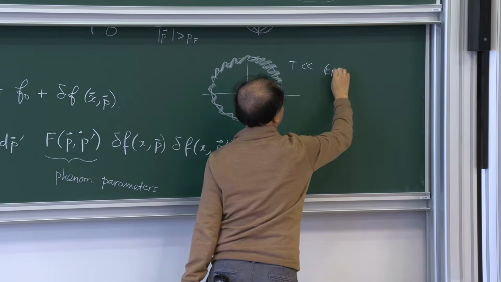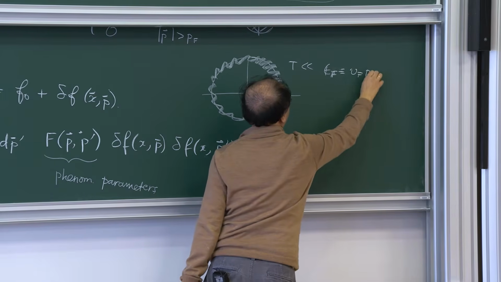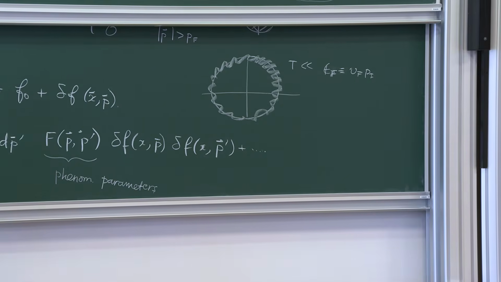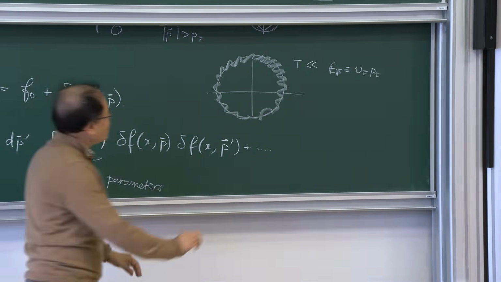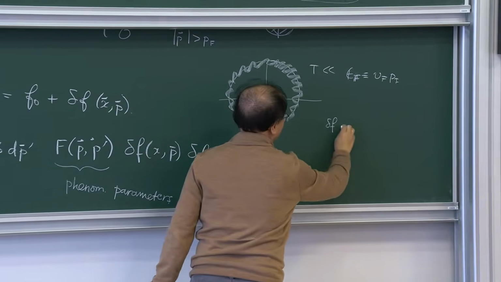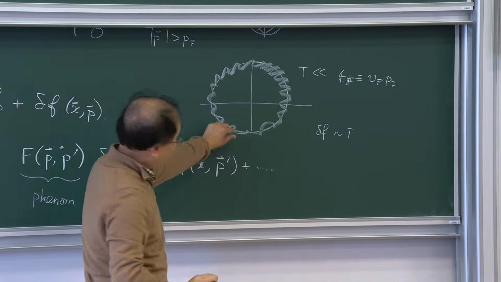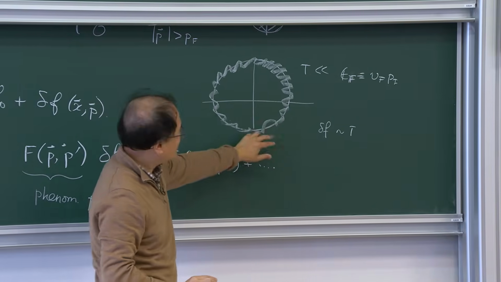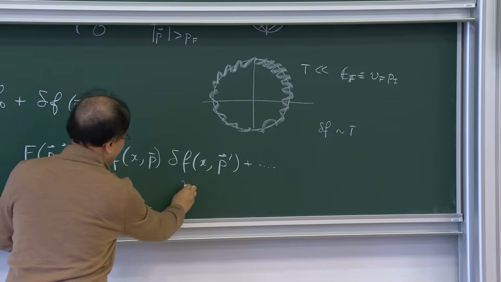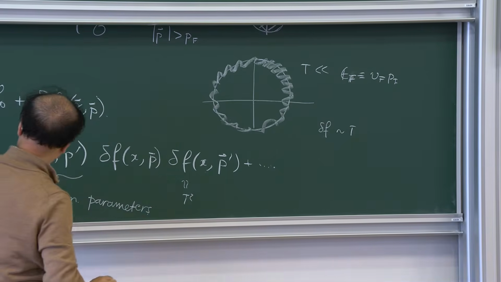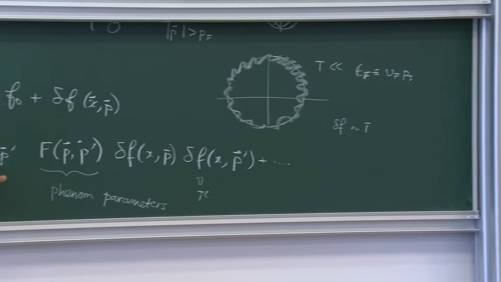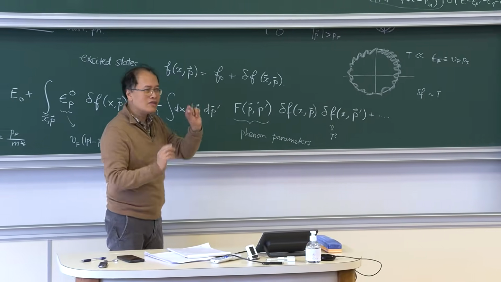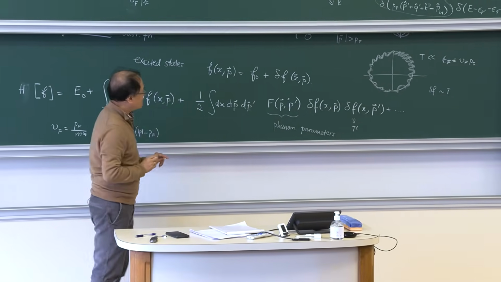Again, epsilon f is just Vf times Pf. So then you can see that this delta f is of order T. Roughly speaking, the width of the region where delta f differs from f is T. And so this integral is of order T squared. So basically, both the integrals over p and p prime are concentrated in the shell with the width of order T.